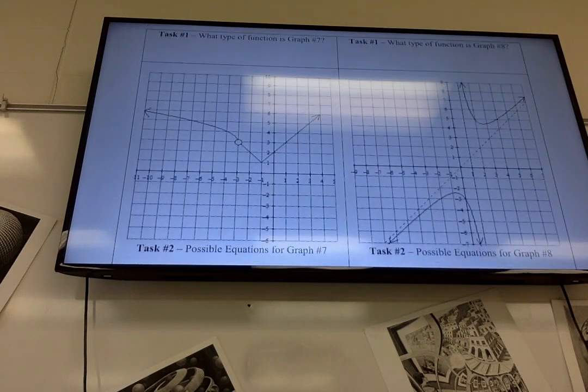All right, what about number 7? Am I allowed to call it a piecewise function? Yep, that is definitely a piecewise function. Two things going on, they just happen to touch. You're absolutely right. What's this one look like? Absolute value. And Faith, you mentioned this one a minute ago. Yeah, square root.